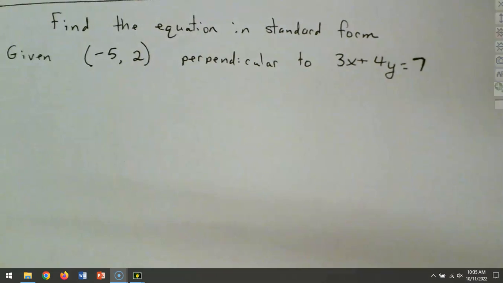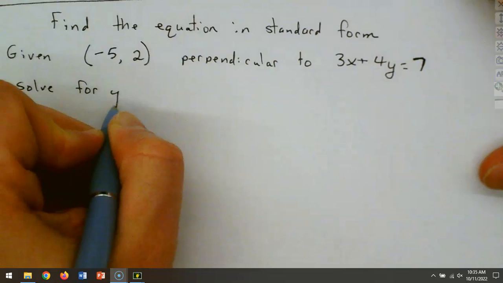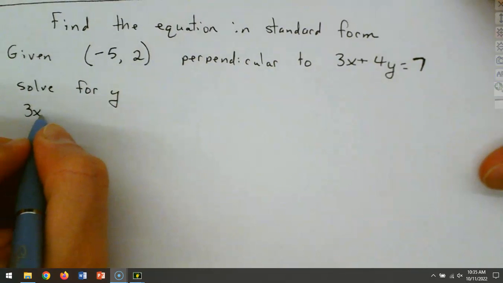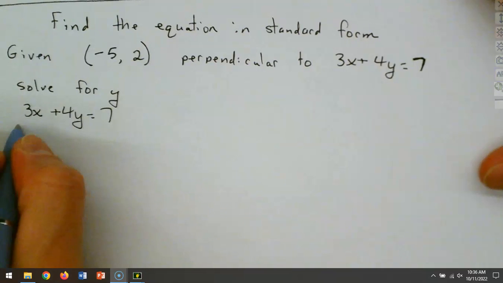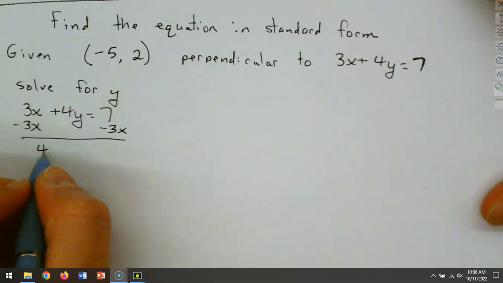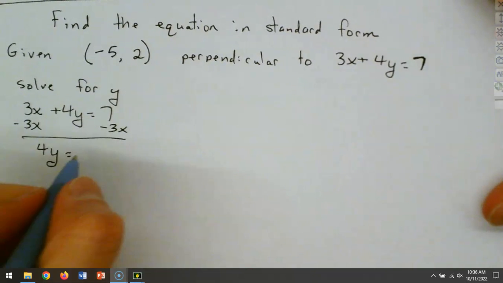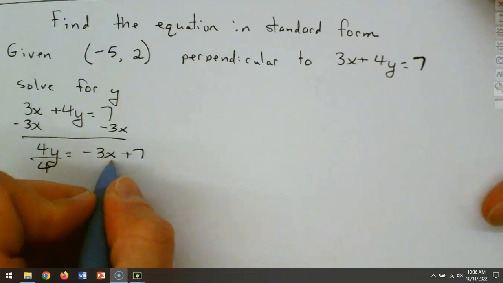First thing we do is we solve this for y. So 3x plus 4y equals 7. So move that 3x over. So 4y equals now a minus 3x plus 7. Divide by my 4.